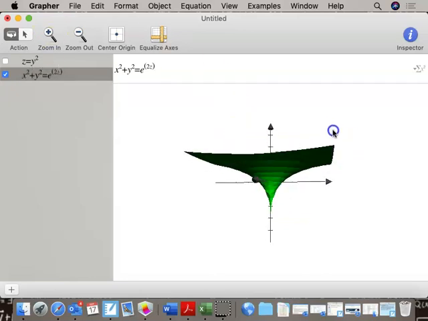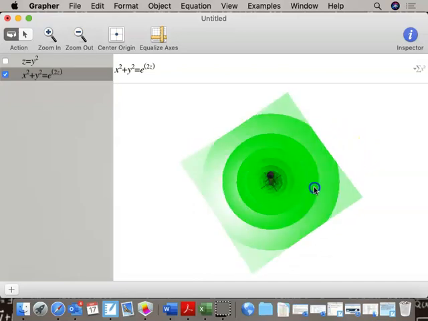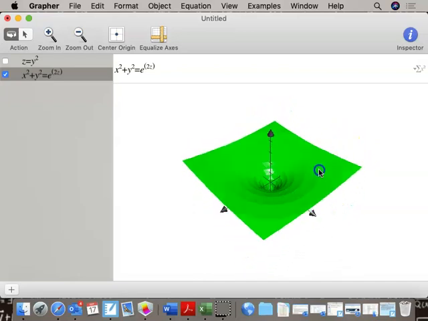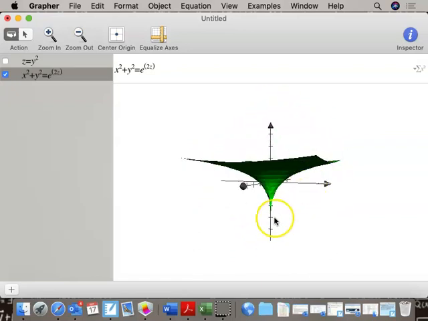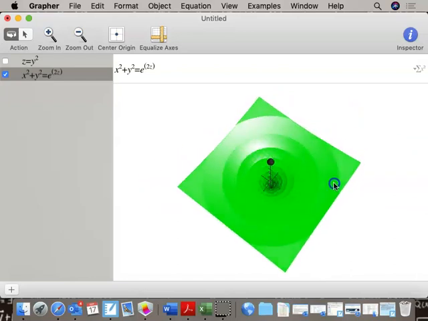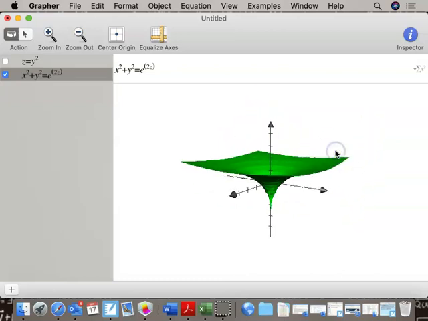All right, so what you get, if you look along here, this looks like the equation. Basically, it's kind of like a natural log graph, right? So the cross sections are all circles, right? It's basically that natural log graph revolved about the z-axis. And so it's kind of neat, right? So now you can write an equation for a surface of revolution.